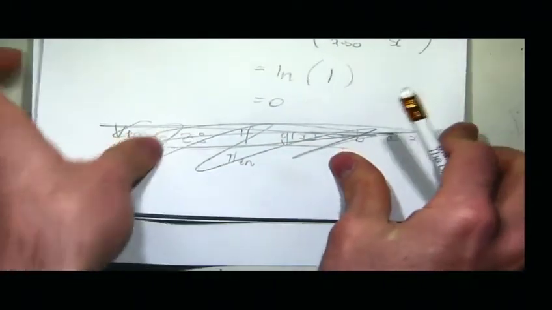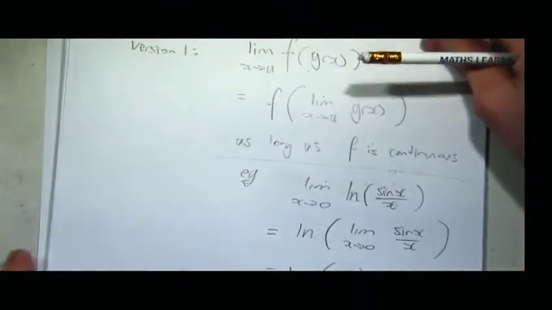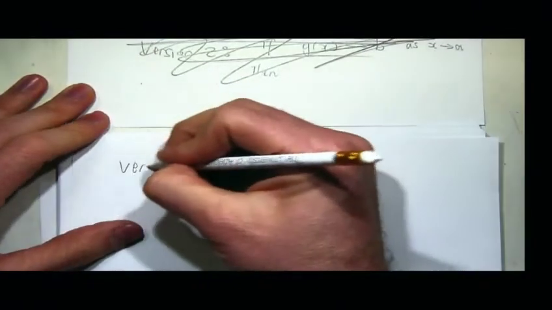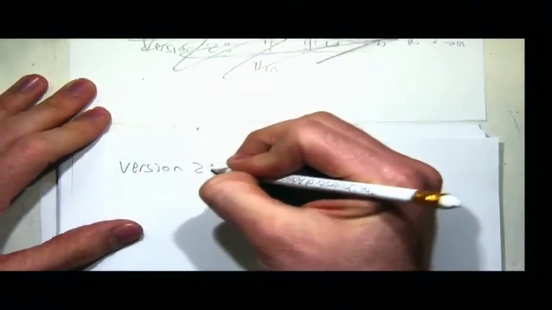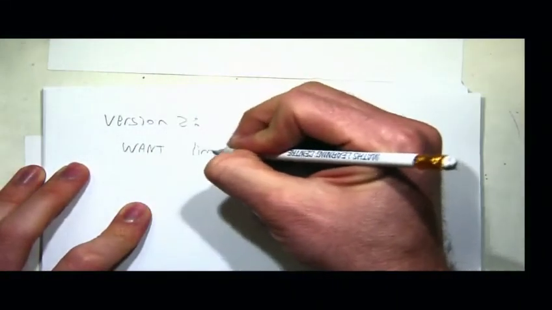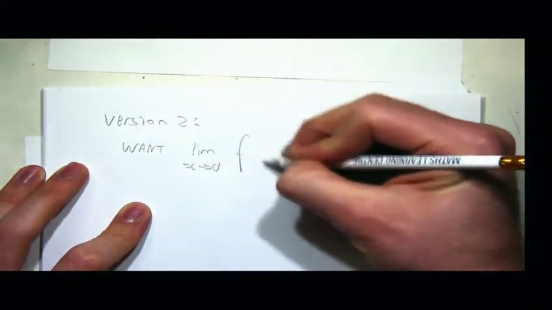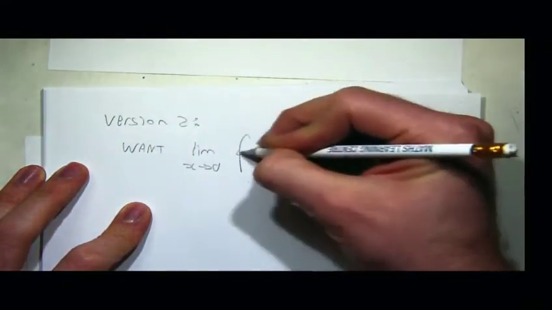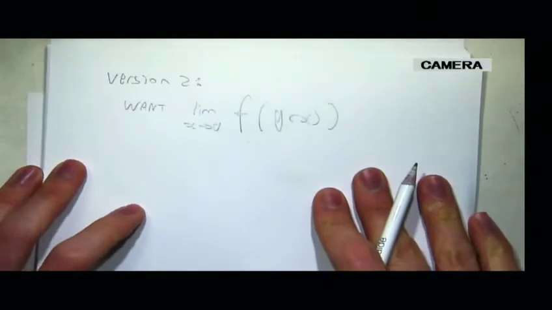Ignore that. Try again. Okay, so let's see. So we want the limit as x goes to a of f of g of x. Cool.